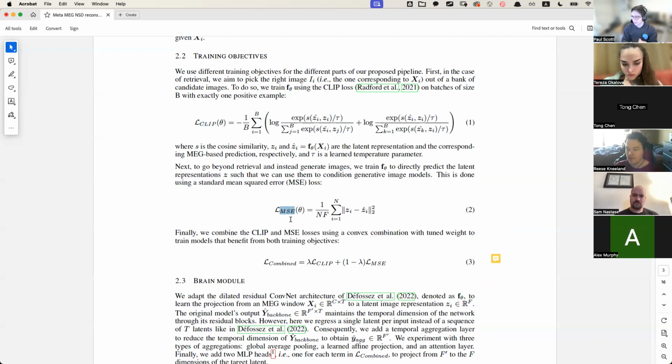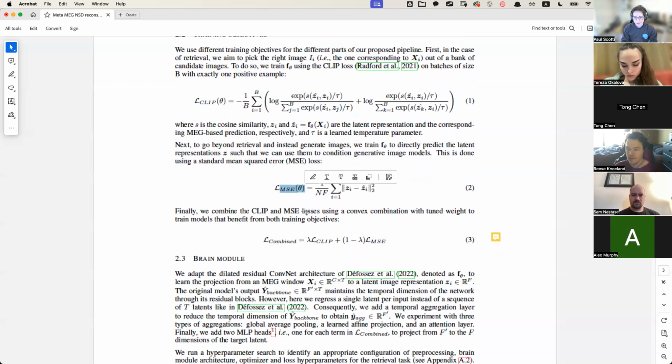You need to match the direction and the magnitude. You basically have to get the exact same numbers that are the inputs into your generative model, if that makes sense. So you basically have to do MSE loss or some other loss that's not done on the L2 normed space. So they have a specific loss function for the reconstruction objective.